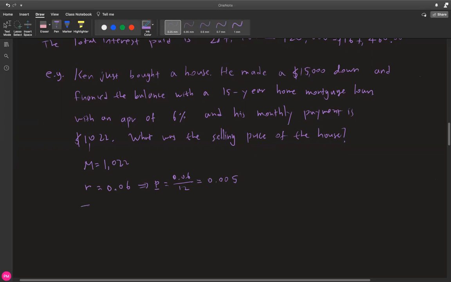And lastly, we have the T, which is 15 years, and you're multiplying by 12, and that is going to be 180 months.